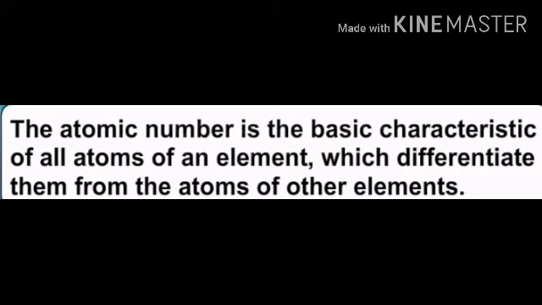That is, if the atomic number of an element is 6, that means it is a carbon atom, because a carbon atom has atomic number 6, or it has 6 protons in it. And if the atomic number is 7, that means it is a nitrogen atom, that is, the number of protons present is 7. So as the atomic number changes, the element also changes. If the atomic number is 1, it is hydrogen. If the atomic number is 2, it is helium. So the identification of an atom is represented by its atomic number.